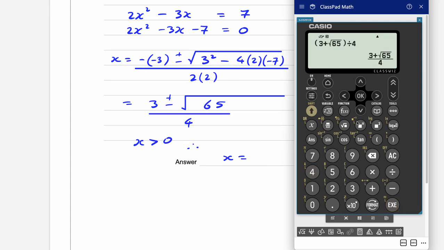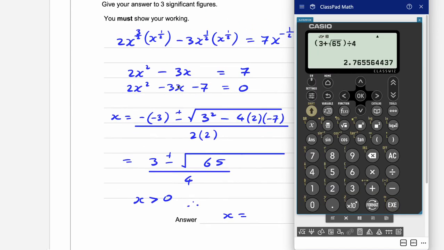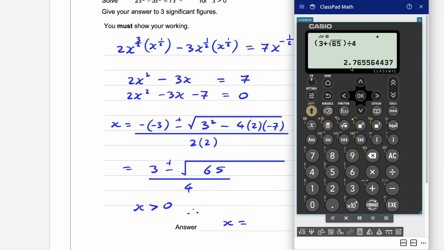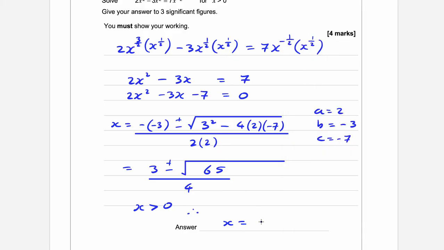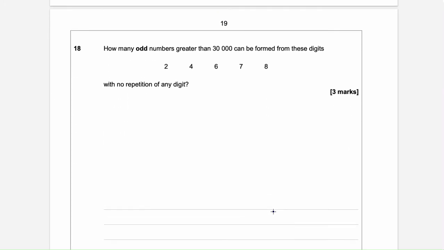And I get this. And we want to put this as a decimal. So it's 2.7655, but he wants it to 3 significant figures, so 2.77, because I'll round the 6 up. So it's 2.77.